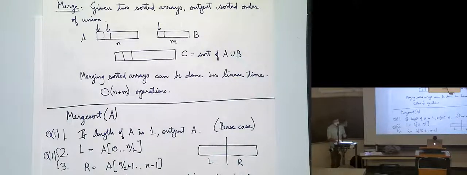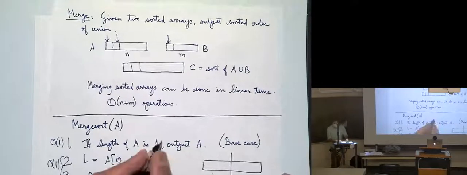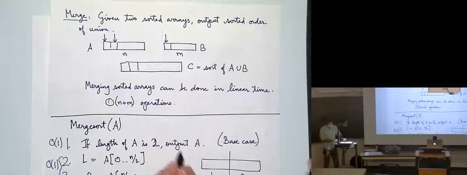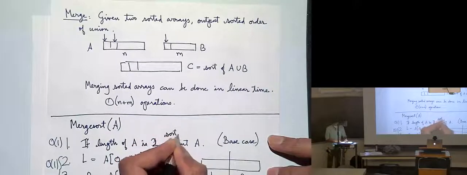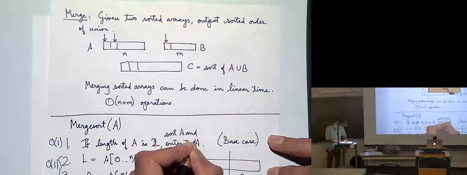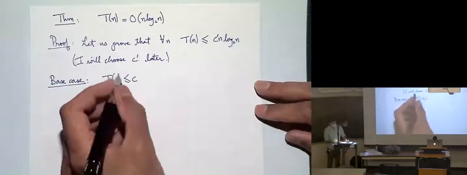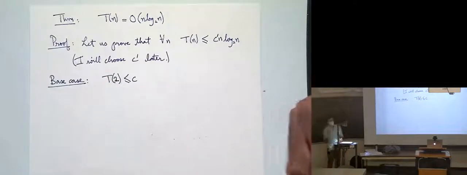Okay, so let me just say when it's 2, you can sort A and output. Let me just say the base case is 2. Let's just assume n is a power of 2, because there's something else I want to show you. I don't want you to get caught up in the base case. So in that case, T of 2 is at most C, right?